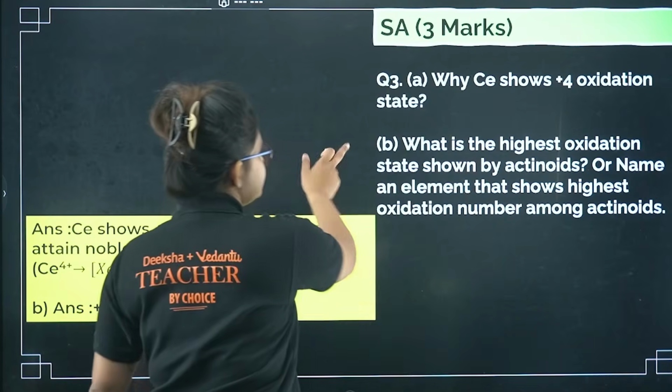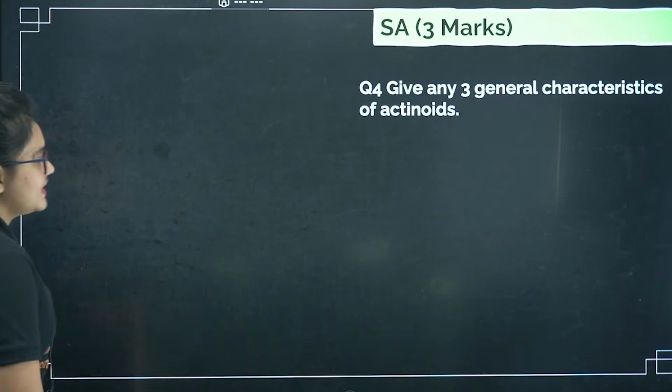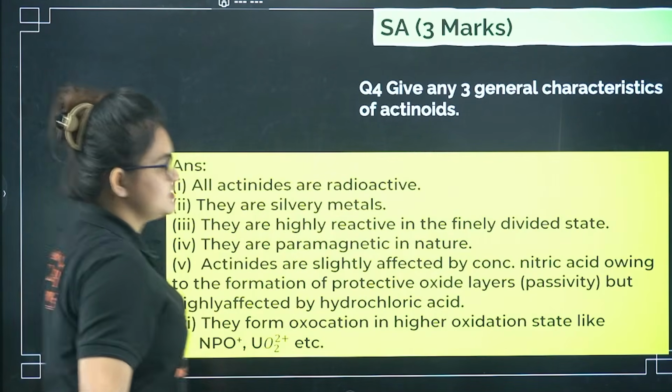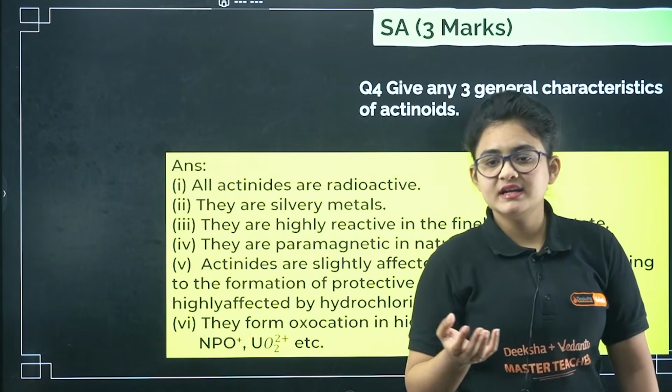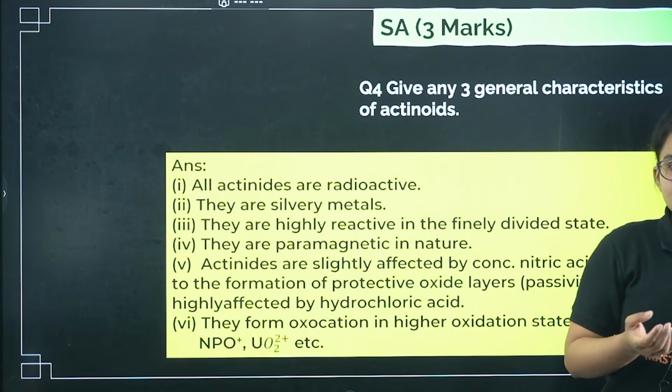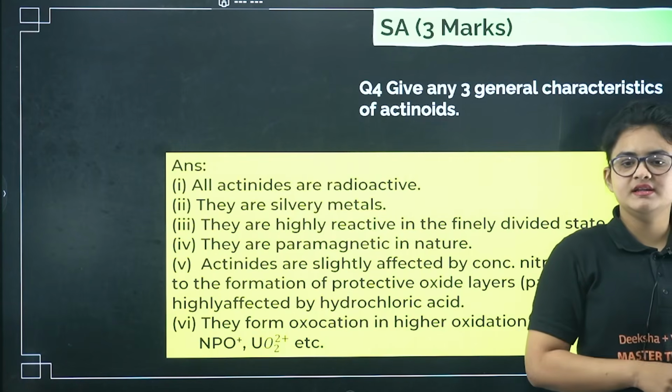Let's proceed. Give any 3 general characteristics of actinoids. Definitely all of them are radioactive, silver colored, highly reactive, and paramagnetic in nature.